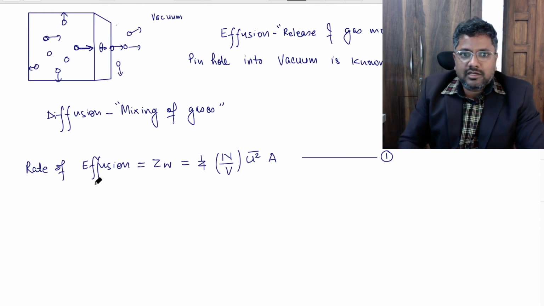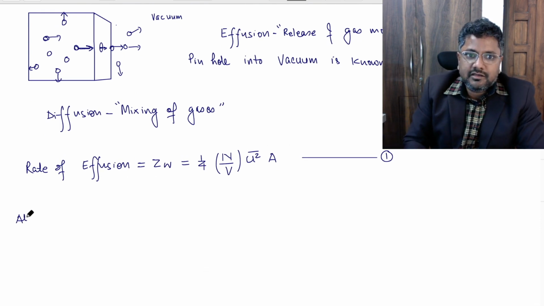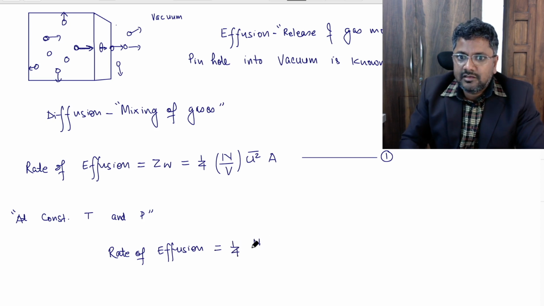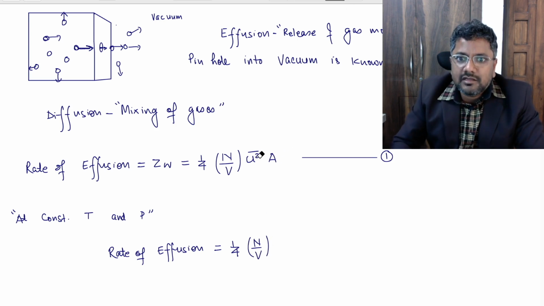Okay, so now at constant T and P, if T and P are constants, then the rate of diffusion is equal to 1/4 (N/V), and oh sorry, I have written here bar square.